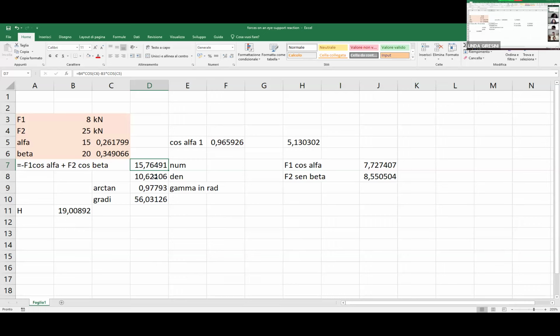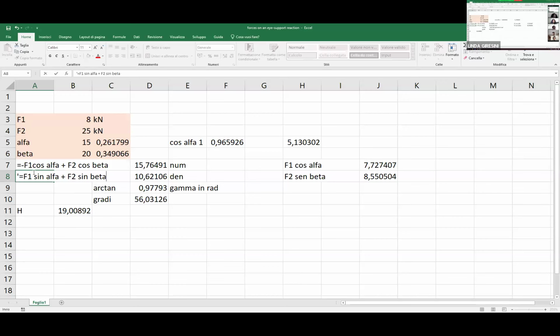And on this part, we have, just let me write it so you can use it, plus F1 sin alpha plus F2 sin beta.